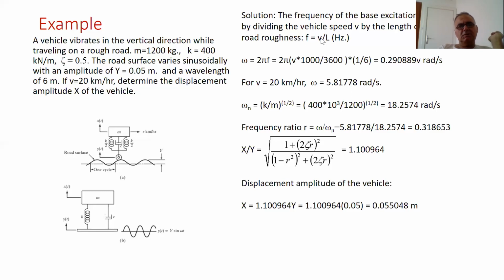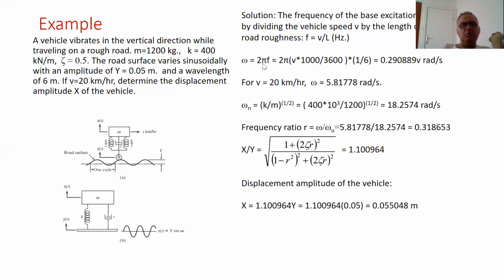So it is, let's say, 20 kilometers per hour, but we have to convert that to meters per second, and then divide by length. So it is velocity times 1,000 divided by 3,600, which is in meters per second, divided by 6, or multiplied by 1 over 6.